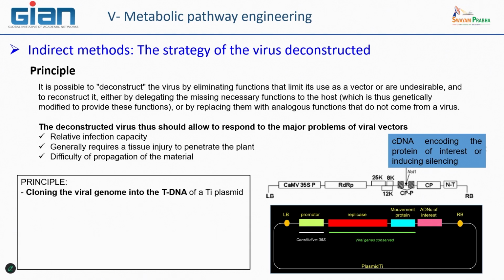So there are now lots of tools, what we call molecular tools, to operate this type of transformation in plants. Here is an illustration of what we can do. I showed you some T-DNA plasmids with virus sequence.